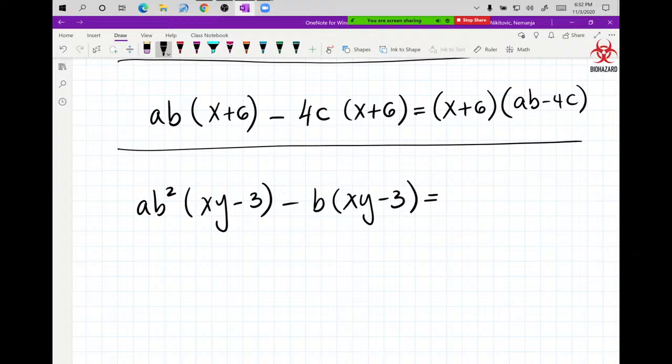That last parenthesis, a minus b, is not good. It's not a minus b. So let's start from scratch, where you said that you are going to find b in common, and you are finding xy minus 3 in common as well.